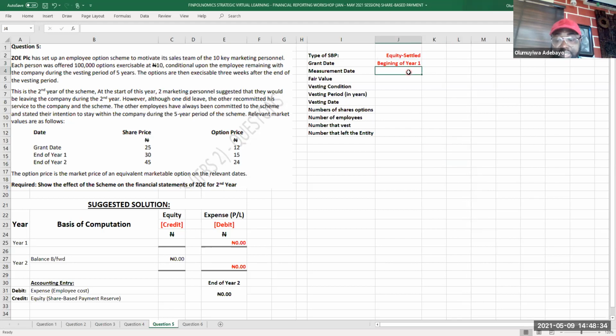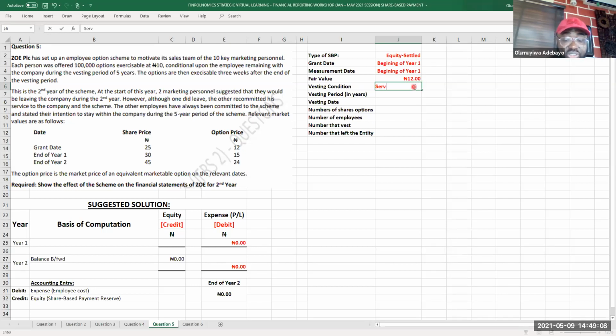The measurement date is the same date as the grant date for employees. The fair value that is relevant to us is the grant date fair value. Somebody else might have picked 10 naira, which is the exercise price. Remember, the exercise price is just an input towards determining the fair value. That is not the fair value. The fair value is 12 naira at the grant date. Since it's equity settled, the fair value will not be remeasured, and therefore I'll put 12 naira.